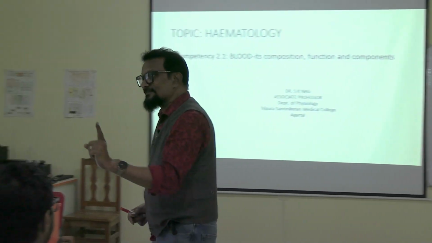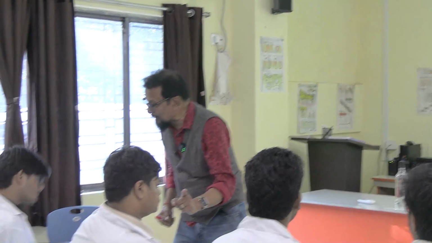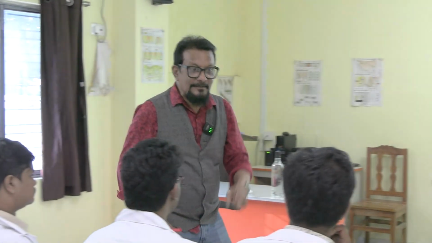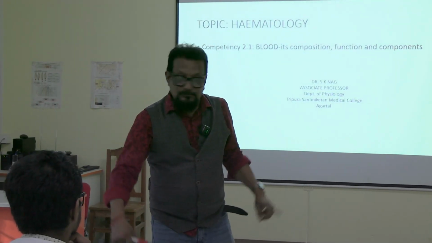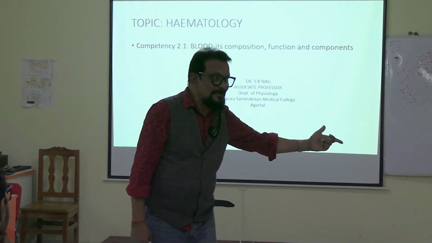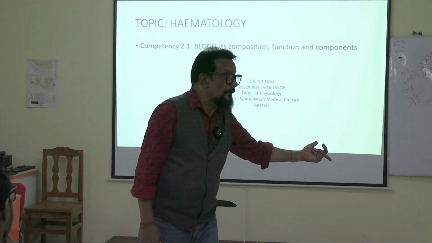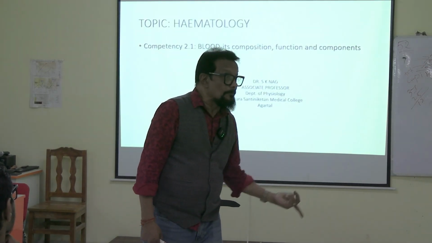Glucose is needed by the cell. First it enters into the blood, then it goes to the cell. So glucose must be a component of blood, and so must amino acids, fatty acids, fat, lipoprotein, vitamins and hormones.